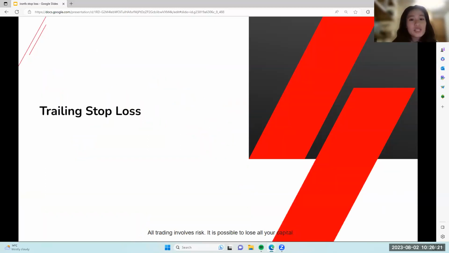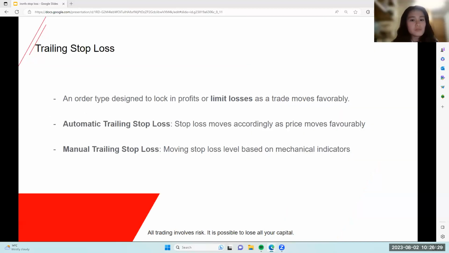Okay, so now let's get into the trailing stop loss. So a trailing stop loss is a special type of trade order that moves relative to price fluctuations. So when the price goes up, it will drag the trailing stop loss along with it, but when the price stops going up, the stop loss price remains at the level that it was dragged to.